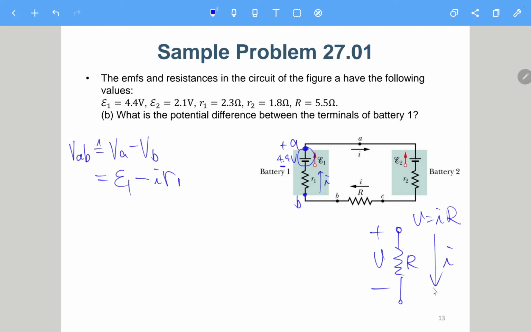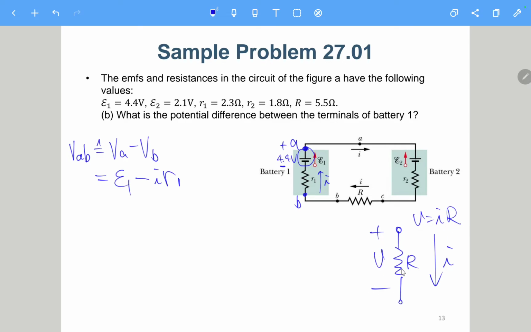You need to be careful about the sign of all the variables. If this is a resistor and the current is from top to bottom, the top node is positive and this is negative, then V equals IR.